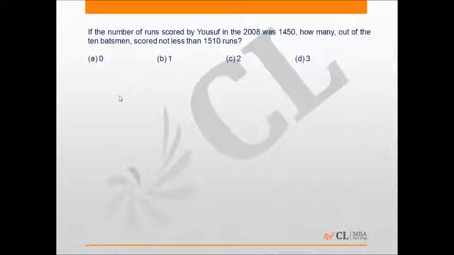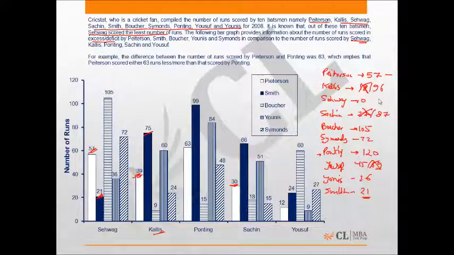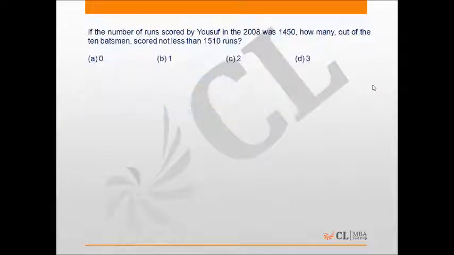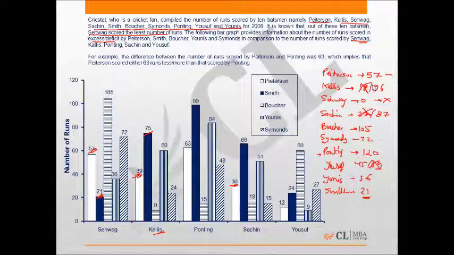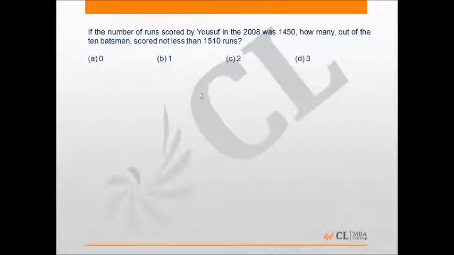And if the runs scored by Yusuf is 1450, how many out of the 10 batsmen scored not less than 1510? For a change, if I had assumed this as X, so runs scored by Yusuf would have been x plus 45. So x plus 45 is given to me as 1450.